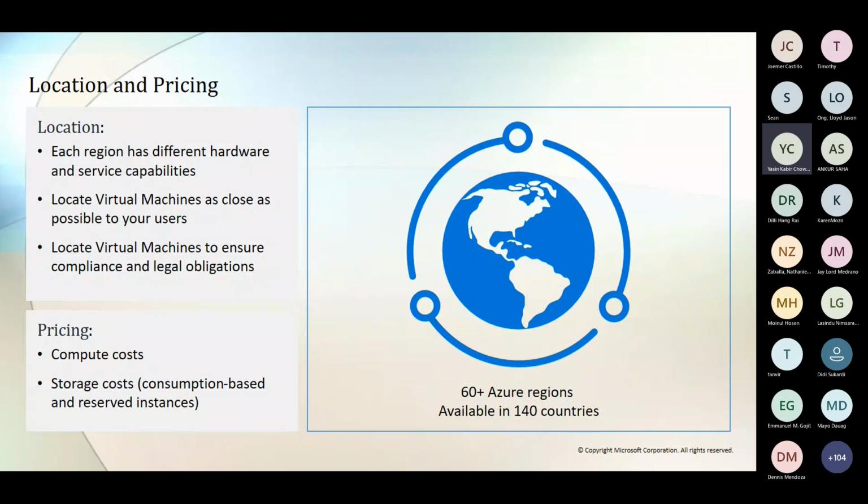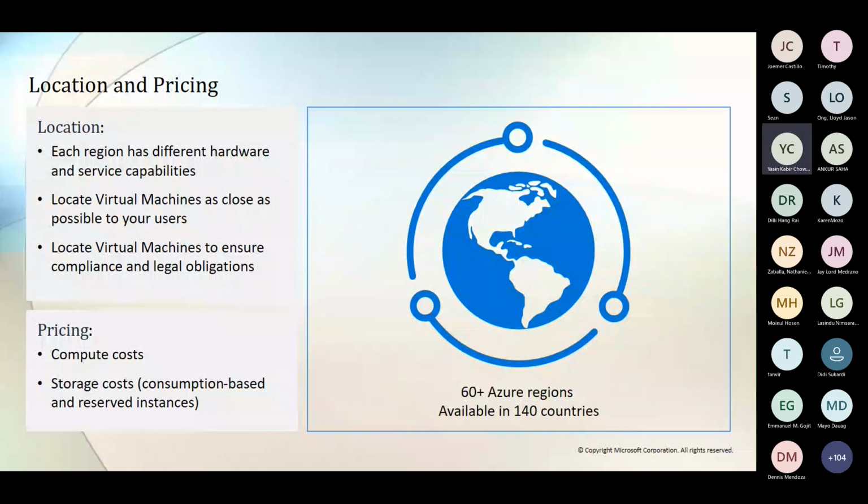One is consumption based, that is, how much you consume, that amount you pay. The other is reserved: you have already reserved this instance, so you pay that amount whether you use it or not, because that amount of storage is already allocated for you.